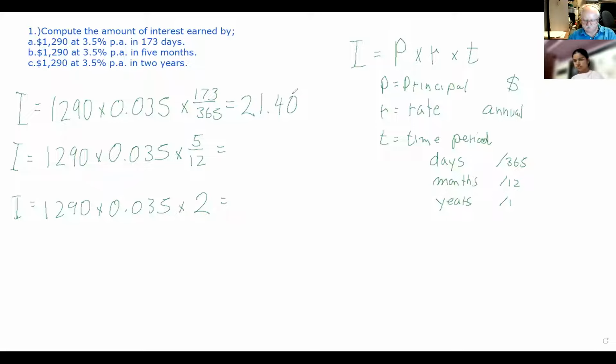And then 5 divided by 12 times 3.5% times 1290, $18.81.